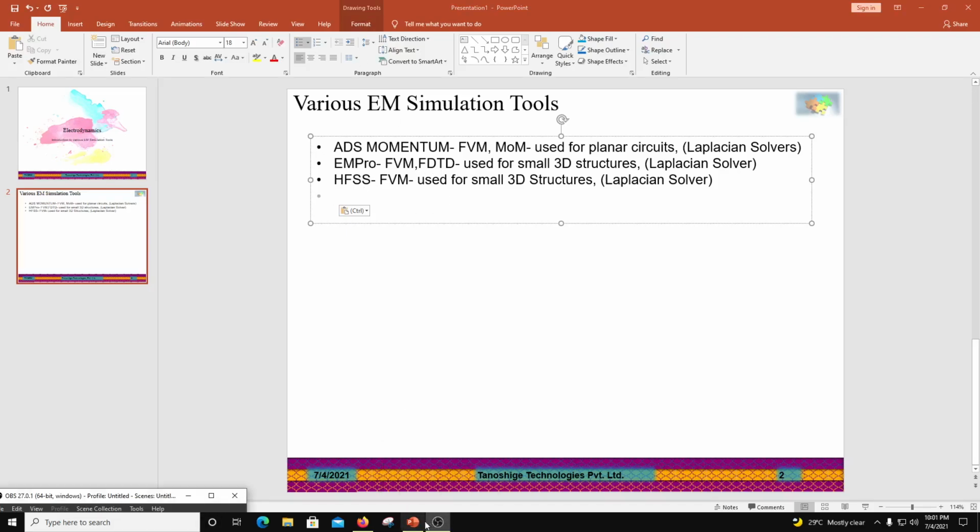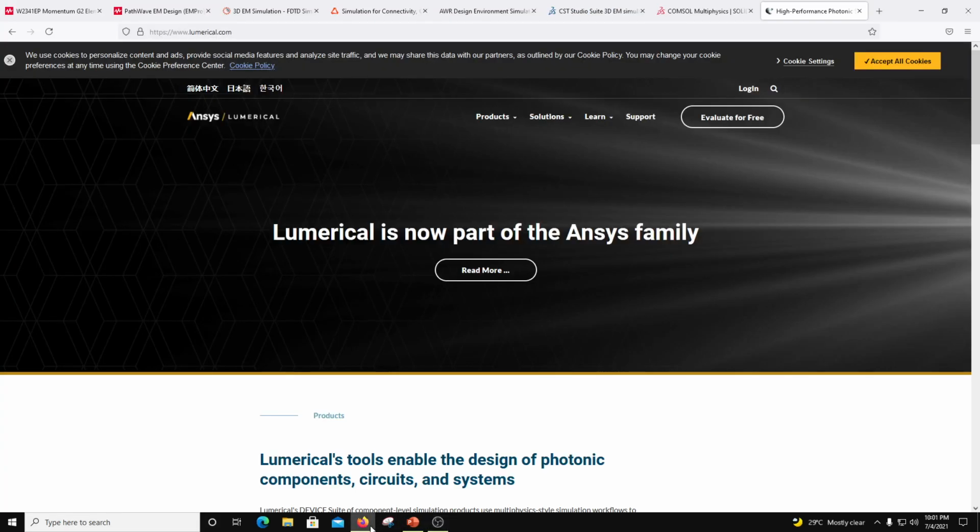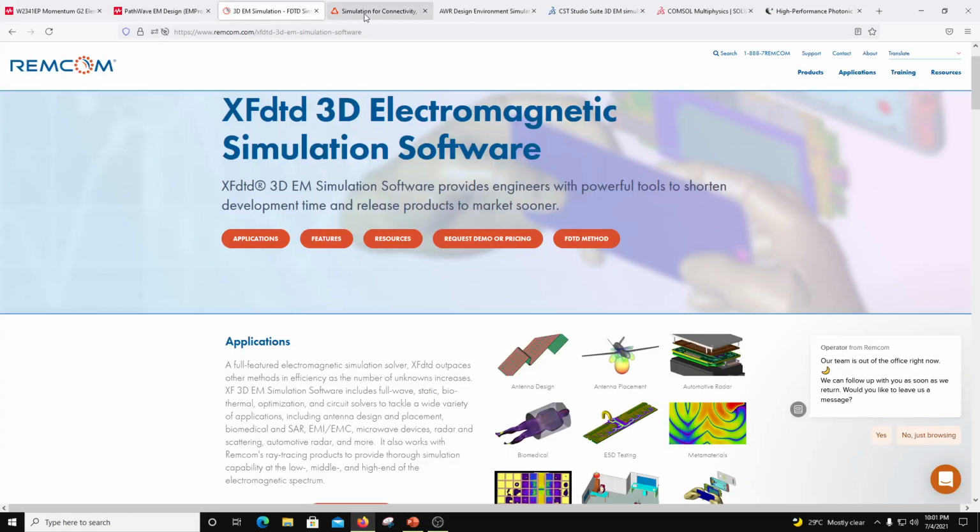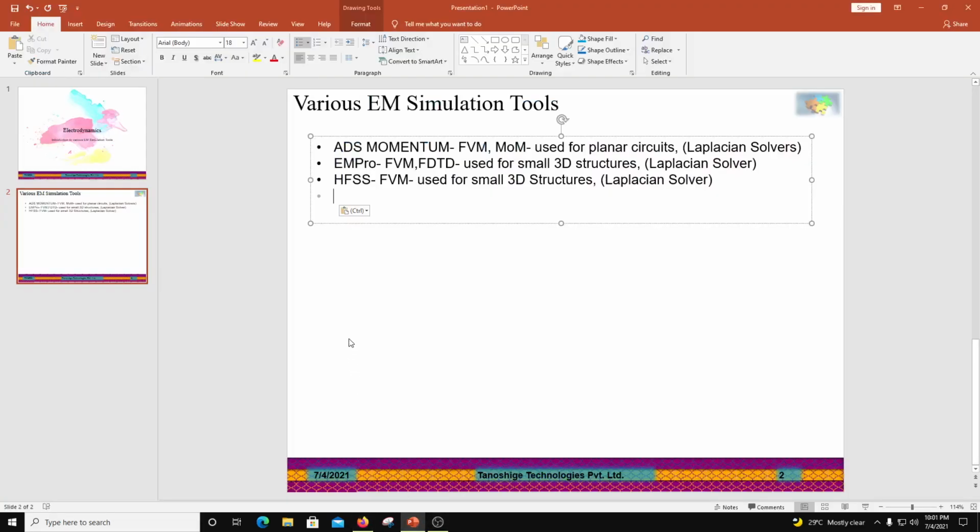So now the next one in the list is XFdtd, Remcom's XFdtd. As the name says, it is going to be a finite difference time domain method, FDTD.